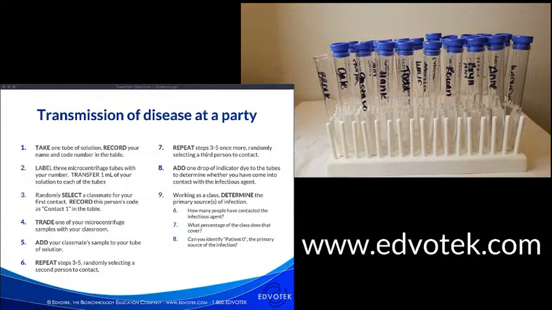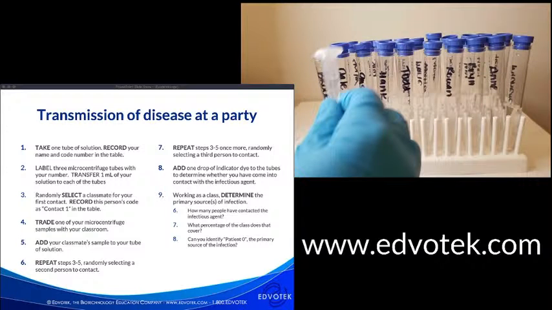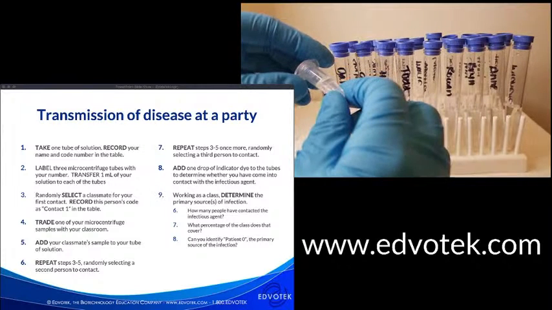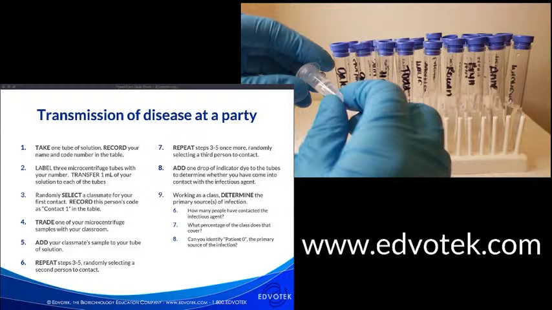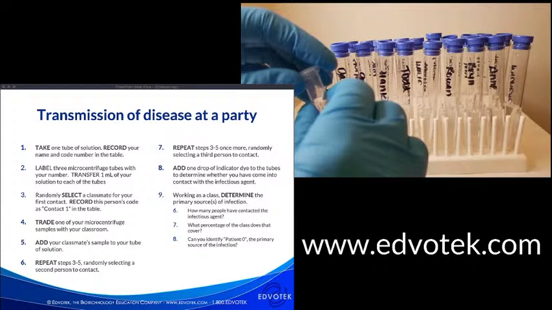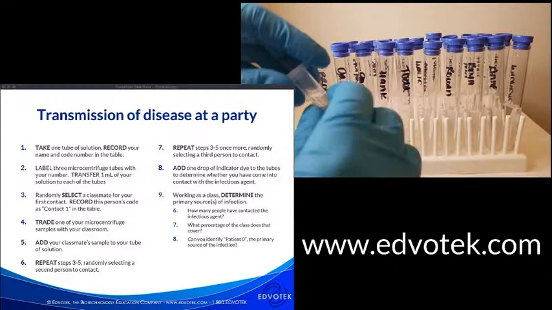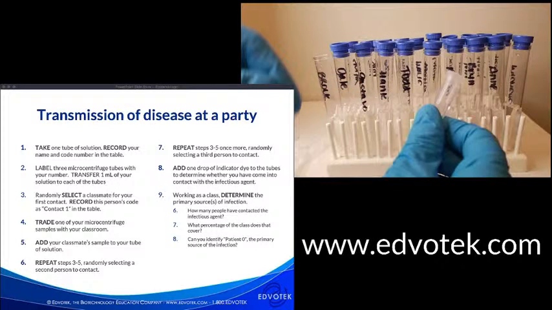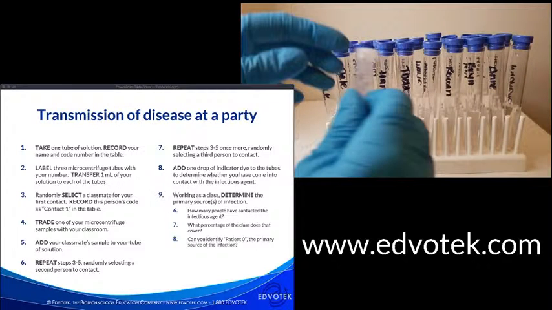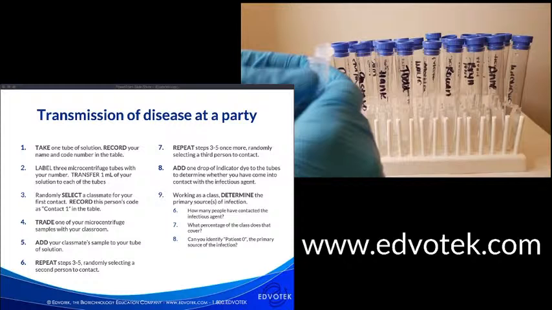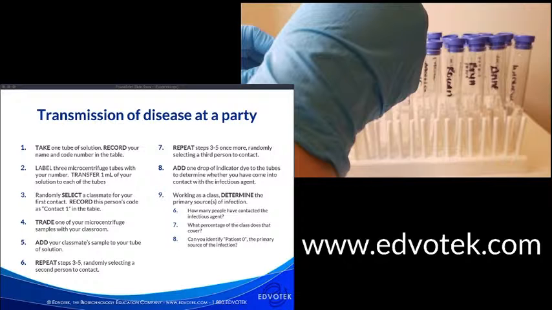And your students would randomly choose another student in their classroom to exchange fluids with. We can imagine this is a handshake, or sharing a drink, any means through which you may be exchanging fluids. We would give this to the other student. Each student would then open the tube, remove the liquid and put it back into their tube.